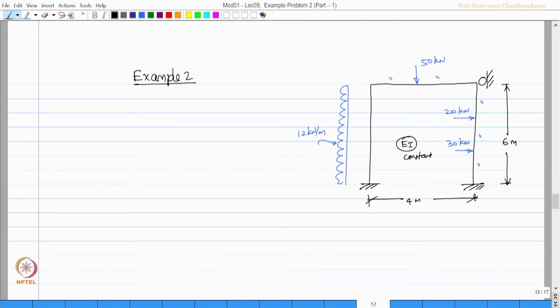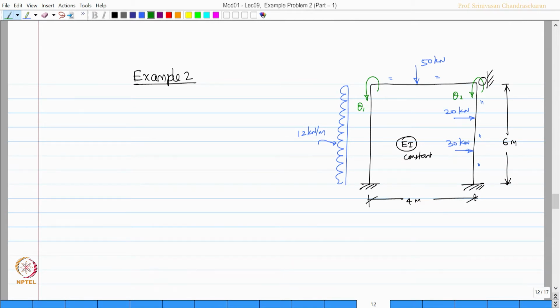Now, the first step, as you see, will be to mark the degrees of freedom. So, first let us mark unrestrained degree, then restrained degree. Unrestrained degree we will use green color. So, there will be rotation here which is theta 1, there can be rotation here which is theta 2.